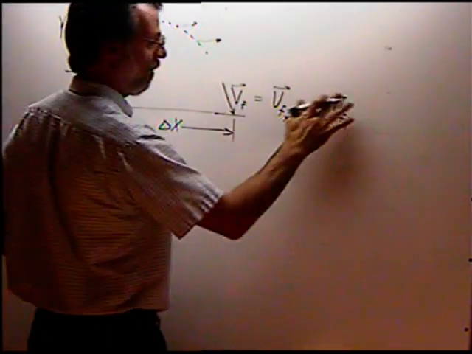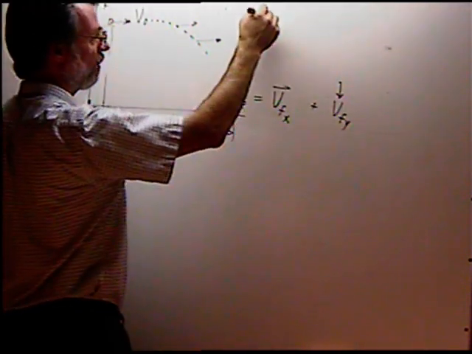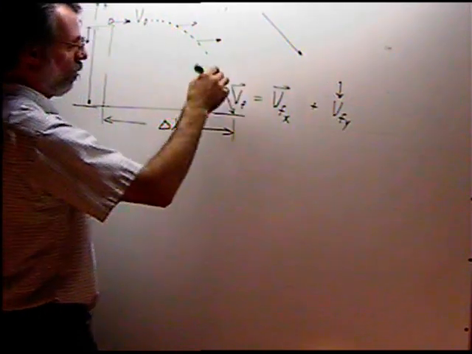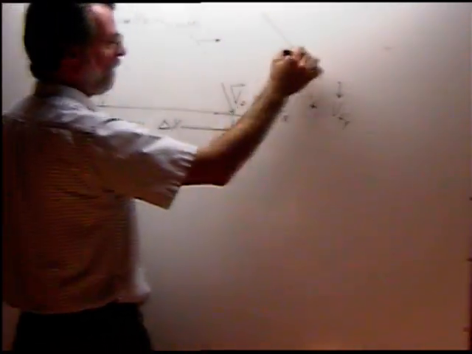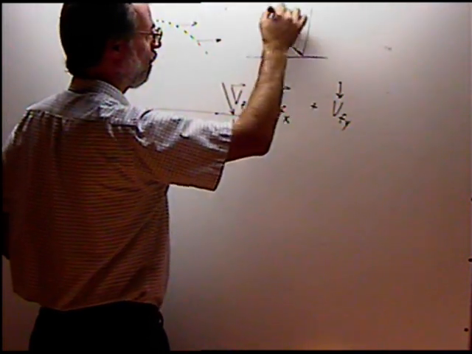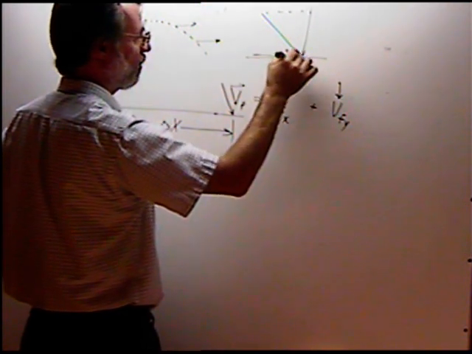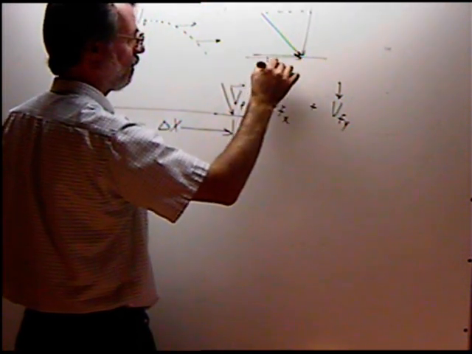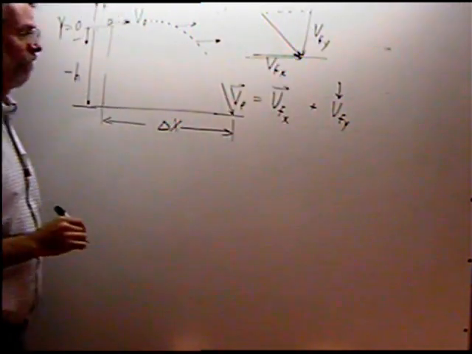So really, this vector, when the cannonball hits the ground, its velocity can be broken up into two parts. The horizontal component and the y component.